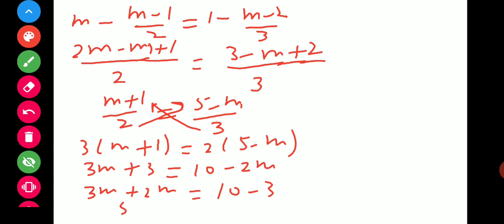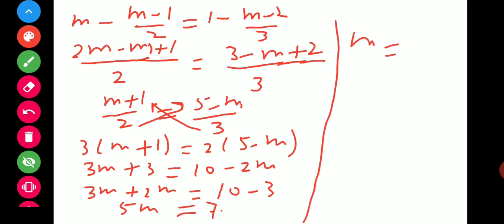Here is 5m is equal to 7. Now come to the m. So m is equal to 7 upon 5. So that is your answer. I think it's very easy. So you can do very well.